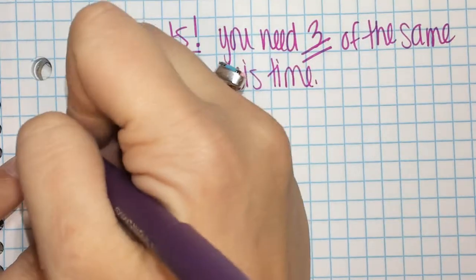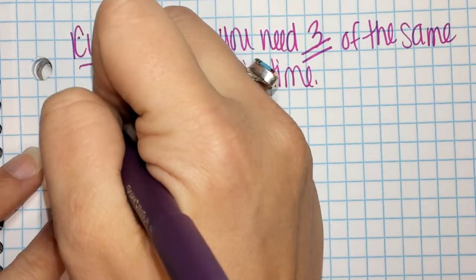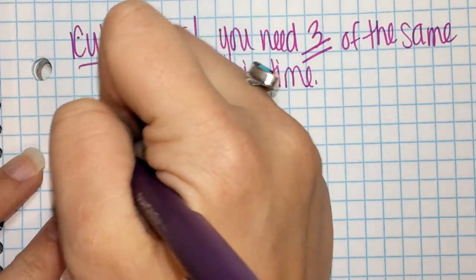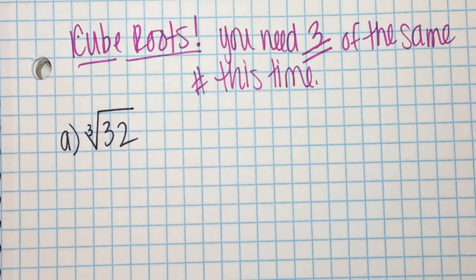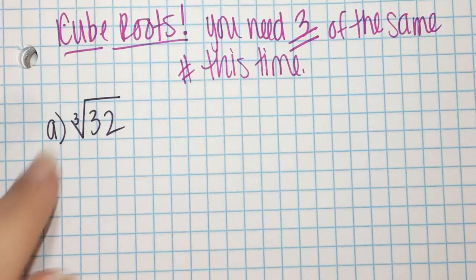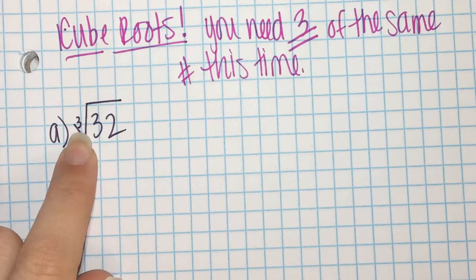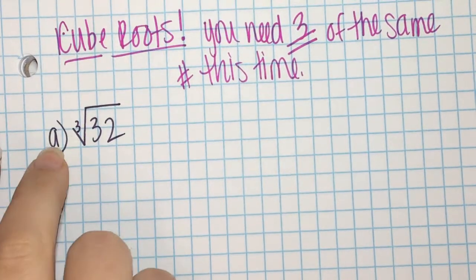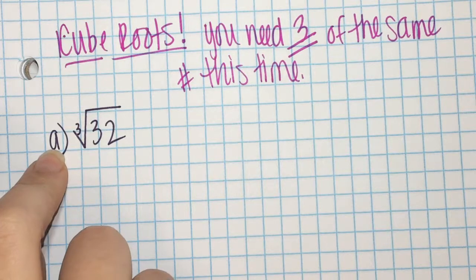Okay, so the first one that we're going to do is the cubed root of 32. Now, the way you know that it's a cube root is if it has a little baby 3 out front. If it had a big 3, that would not be the cubed root. That's just 3 times the square root.